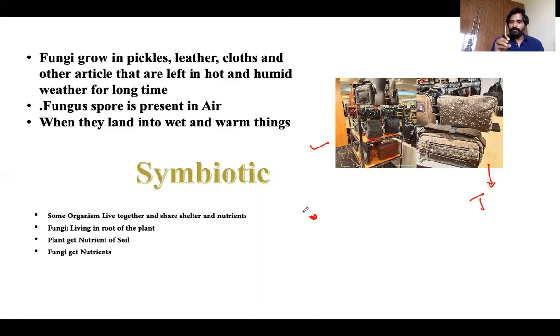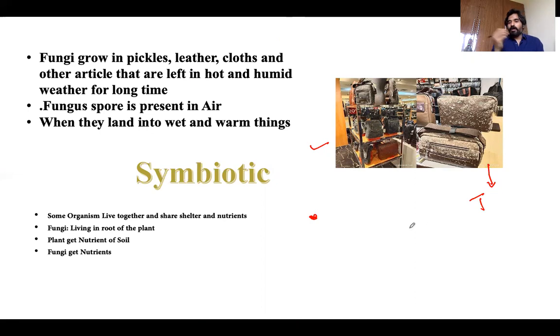Because of that digestion, you'll get secretive juice which has lots of nutrients, and that fungus will drink that nutrient, and they will slowly and steadily grow.